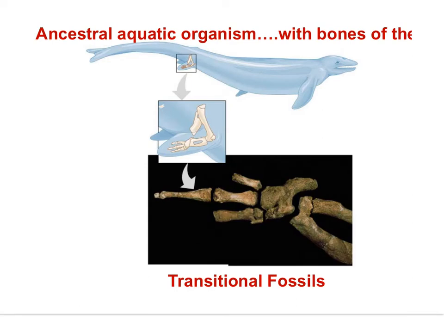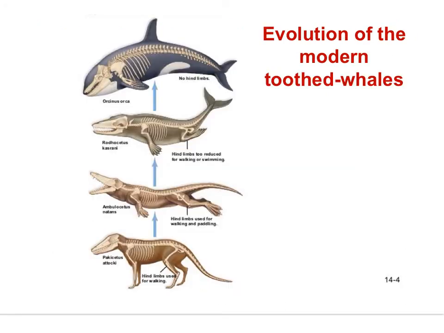In this ancestor of the modern whale, the digits of the limb remain hidden within a structure that we would call a fin. Here is a diagram that shows the transition from a terrestrial form, Pakicetus, to the modern whale, an aquatic form. Evolution, a process by which modern organisms have descended from ancestral ones.